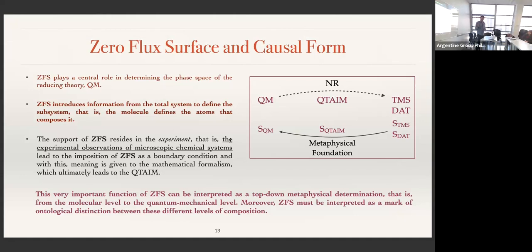And actually, another criticism of the zero flux surface is that it's ad hoc. You put by hand, or Bader put by hand. Bader tries to argue that the zero flux surface has an observational basis, but no, it's not clear. I agree with you in that.